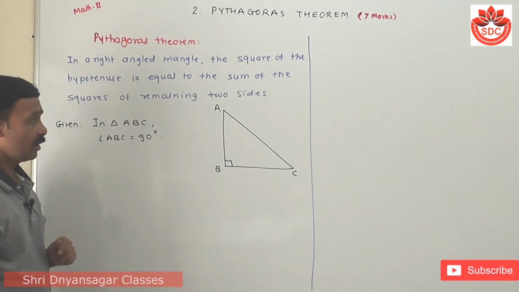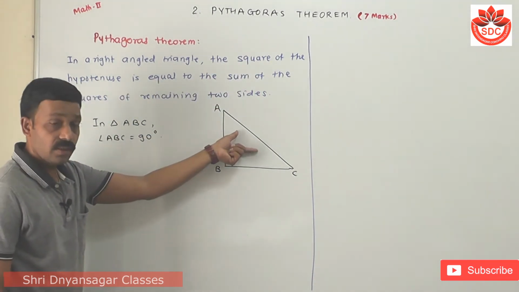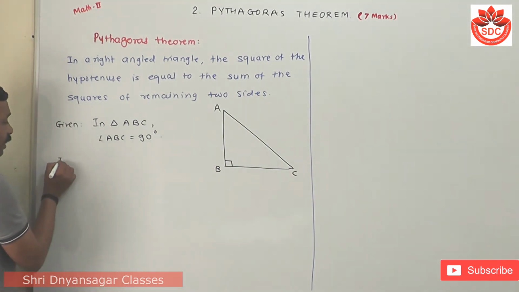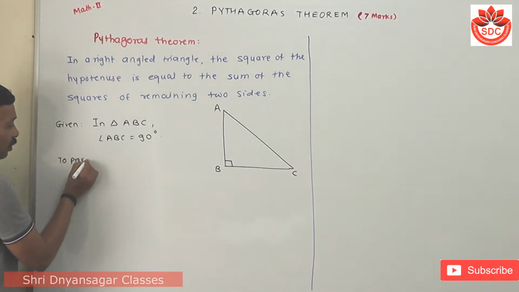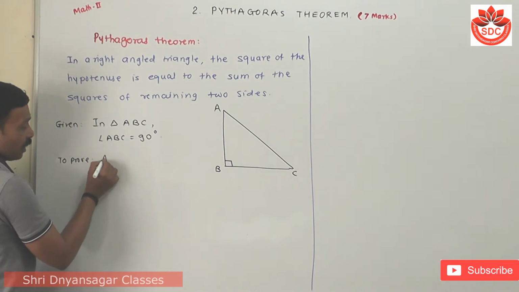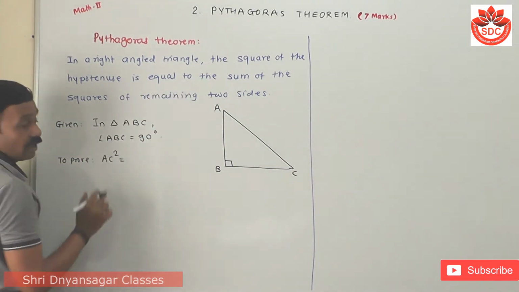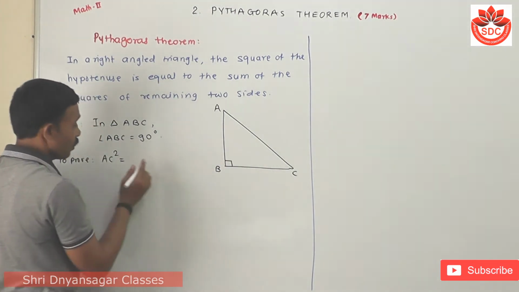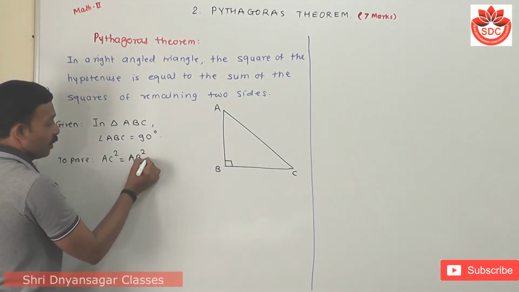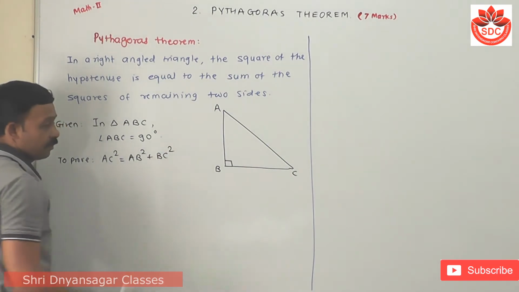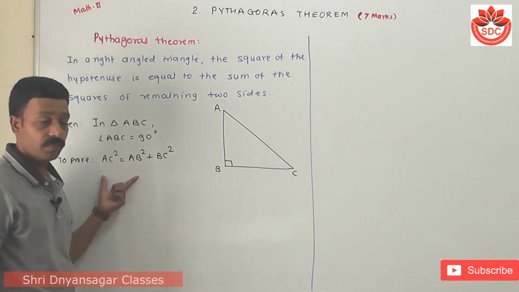Now in this, hypotenuse is AC, so square of hypotenuse means AC square is equal to the sum of the squares of the remaining two sides. Remaining two sides are AB and BC, so AB square plus BC square. This is to prove. Okay.